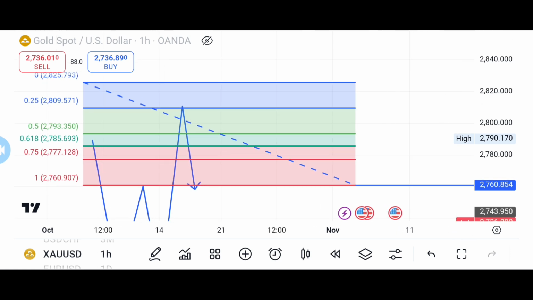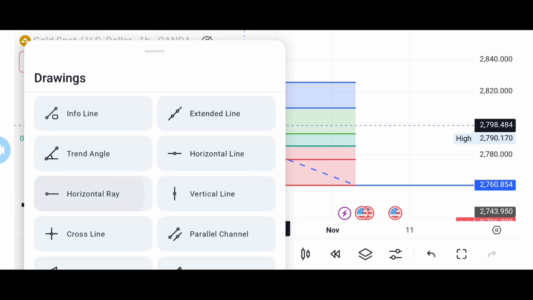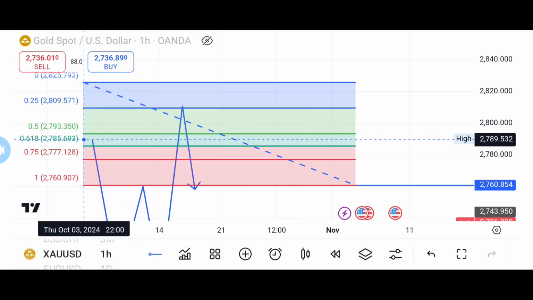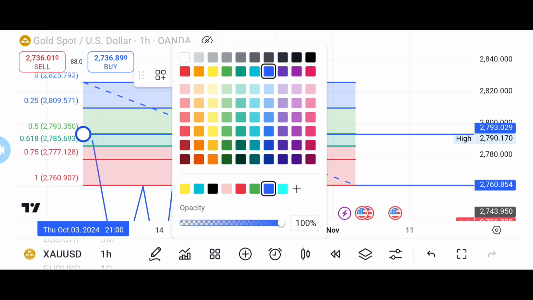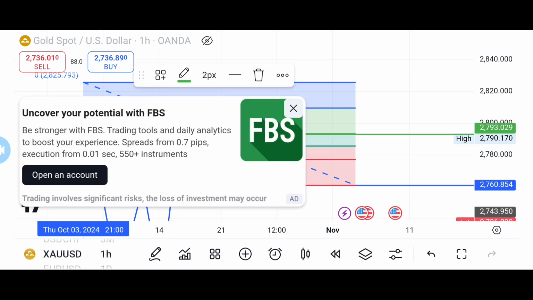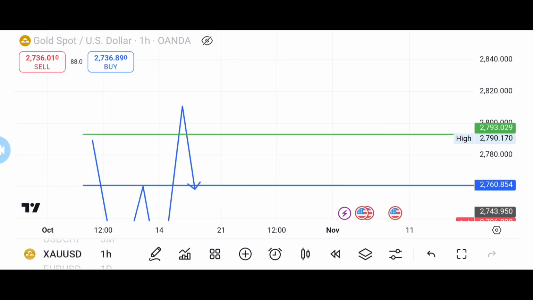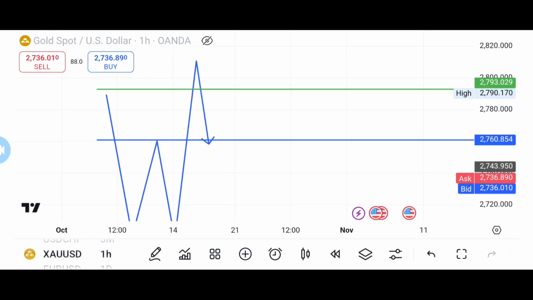So your TP1 will be half of that distance. TP1 is always a guarantee, guys.